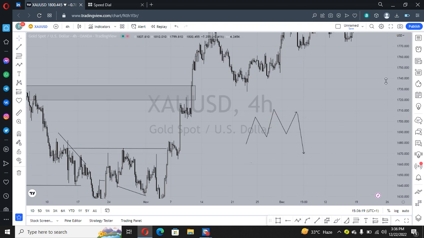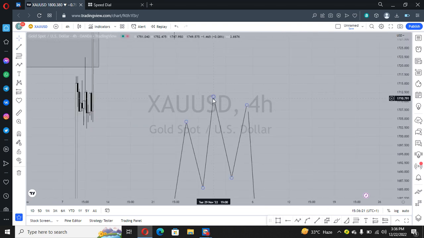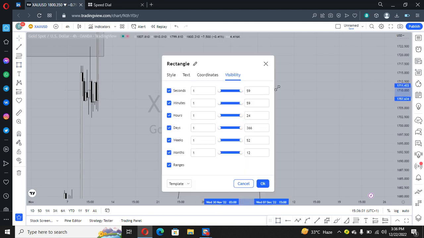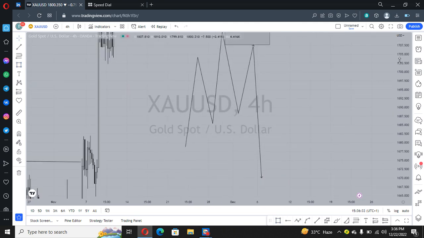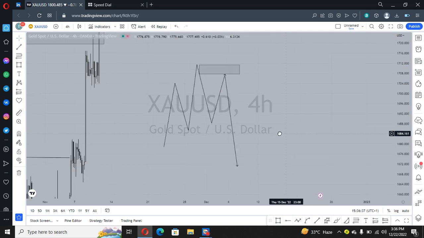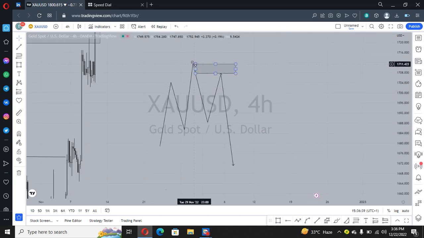Now, what is the reason? If this high right here has an imbalance, probably an area of supply right there, and it's going to fill that area of imbalance or supply zone and it breaks structure, that is when I'm willing to say this is a shift in market structure, and I'll be trading from there.